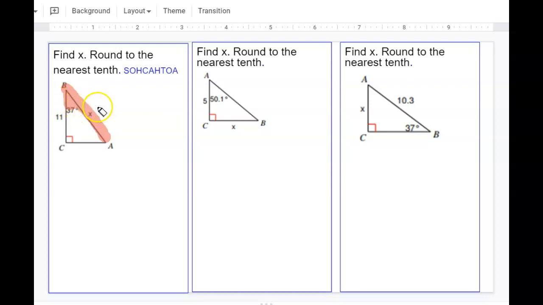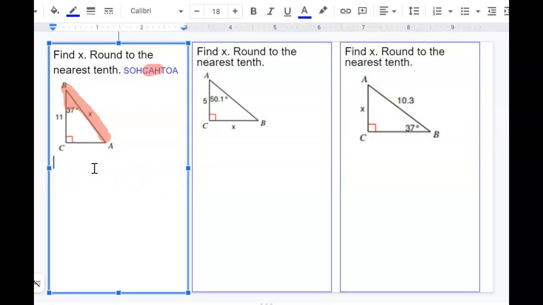Now, you ask yourself, what trig ratio links the adjacent side and the hypotenuse? That clearly is cosine. So we'll use cosine to set up our equation. So we'll have cos 37, that's our angle of reference. We know by definition, cosine is equal to what?